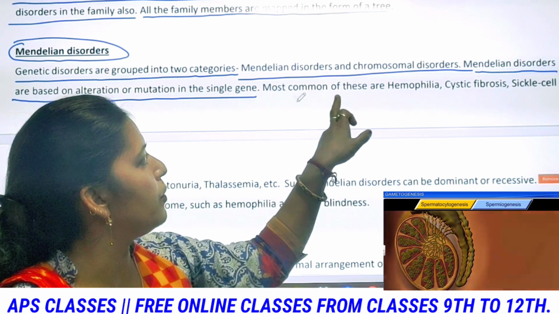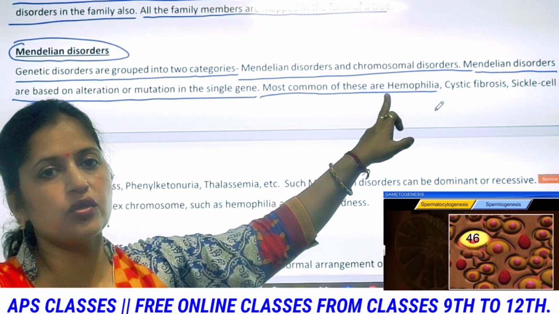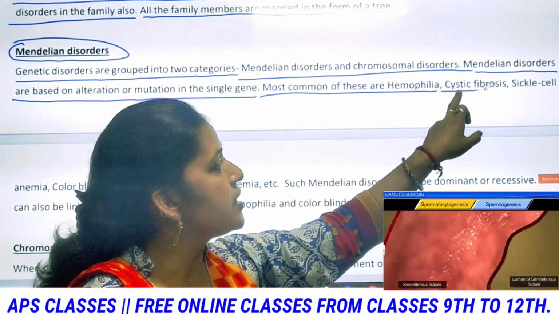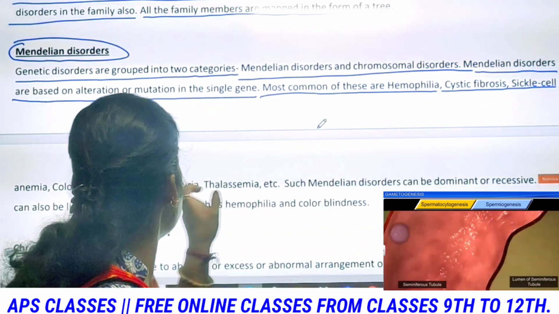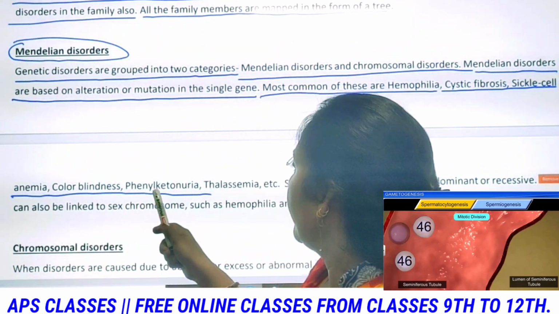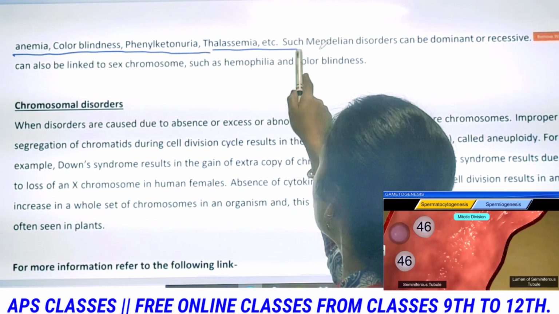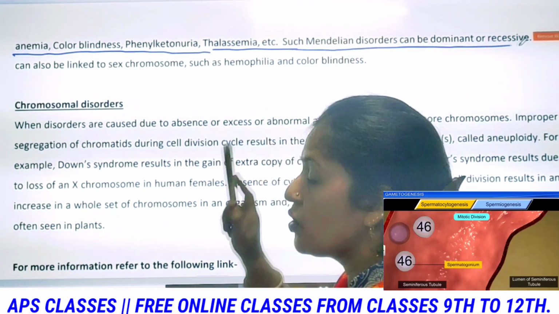Most common of these are hemophilia, cystic fibrosis, sickle cell anemia, color blindness, phenylketonuria, thalassemia, etc. Such Mendelian disorders can be dominant or recessive.